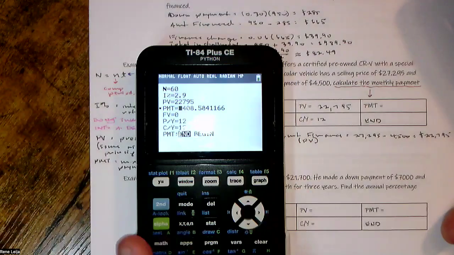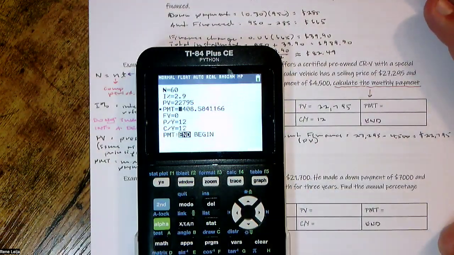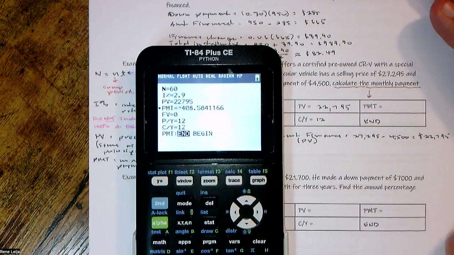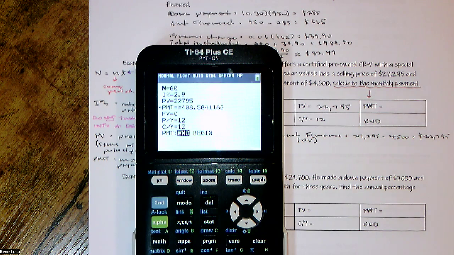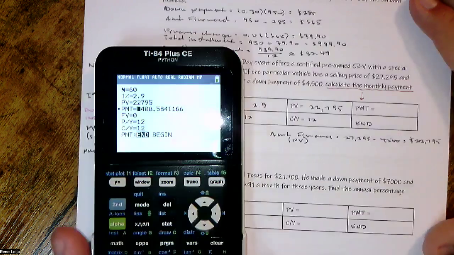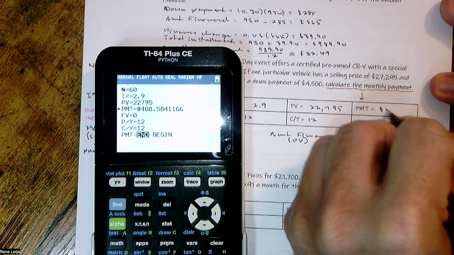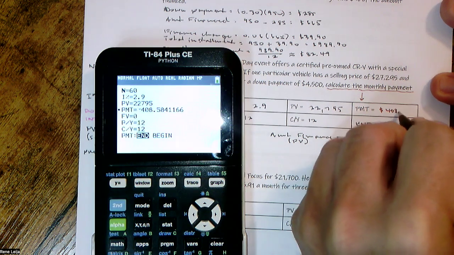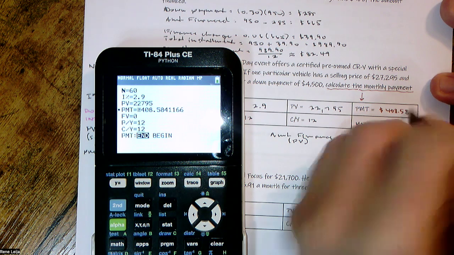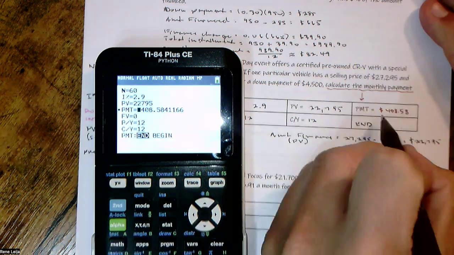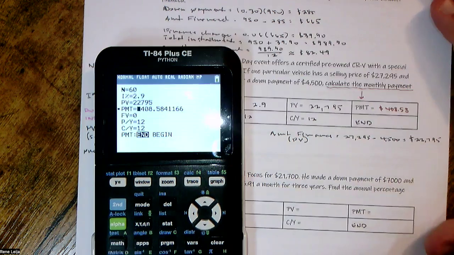Okay, now I have to explain this. So this is my monthly payment. This is money. So it's going to be $408.58. Now, I'm not going to write in minus $408.58.